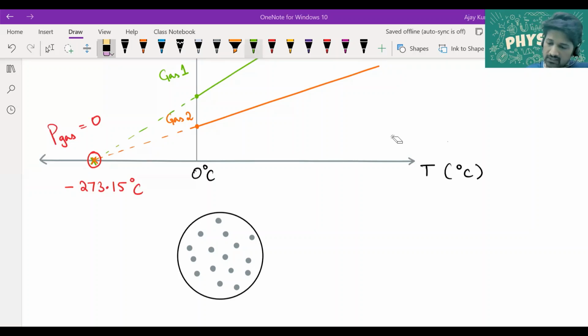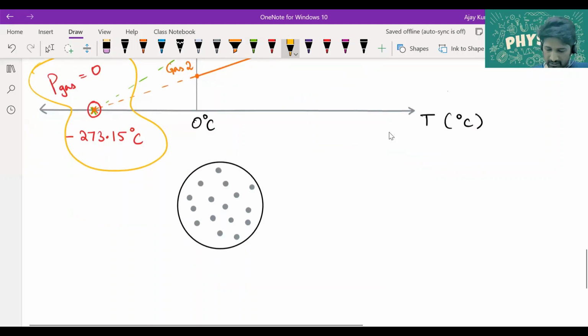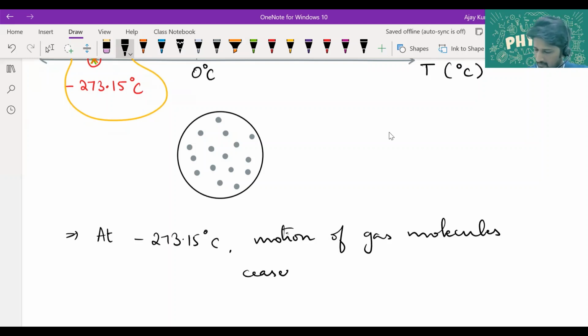So this is what is interesting. There is a temperature at which the pressure of the gas becomes zero. That means at a temperature of minus 273.15 degrees C, movement or motion of gas molecules ceases or stops.